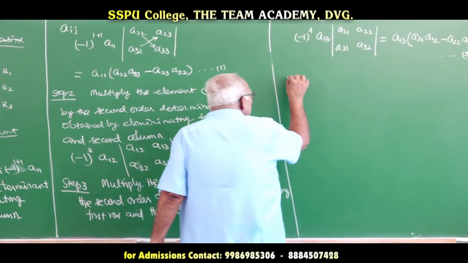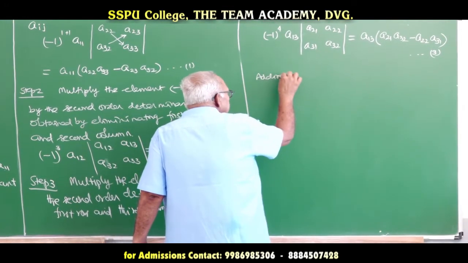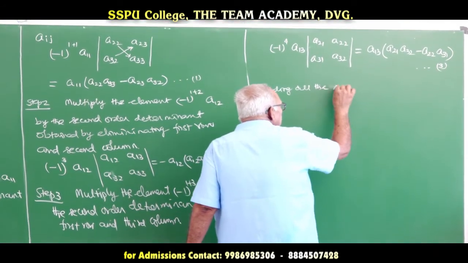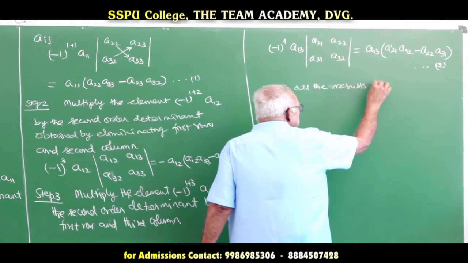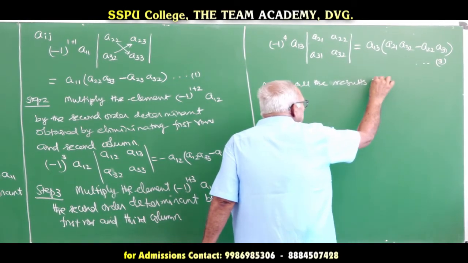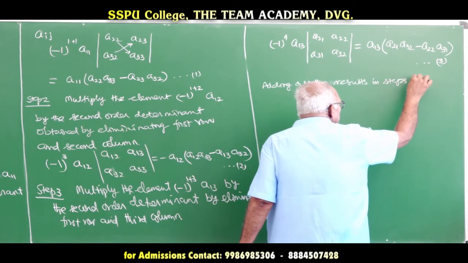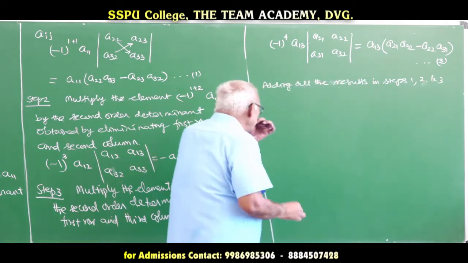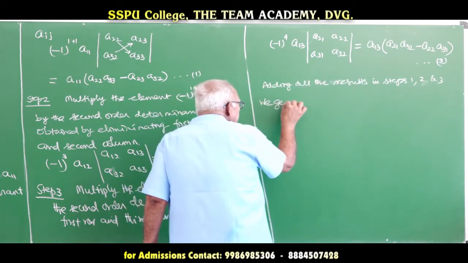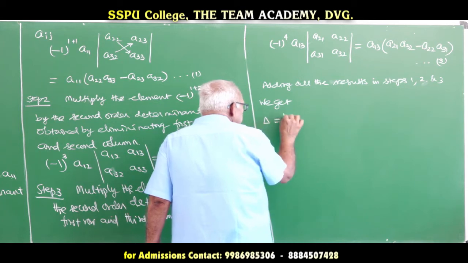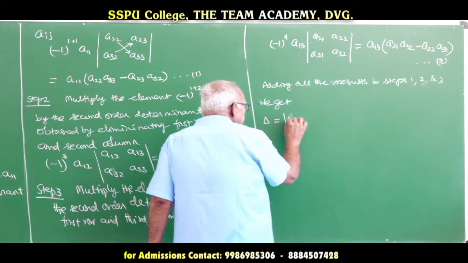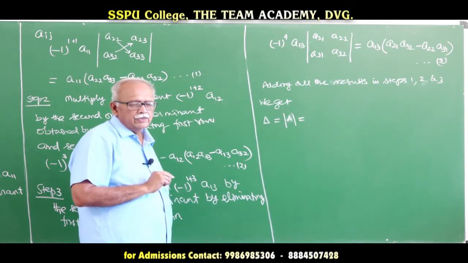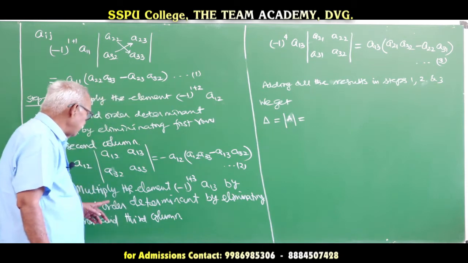Now, adding all the results in steps 1, 2 and 3, we get delta is equal to the determinant of A. What is the first term we get here?